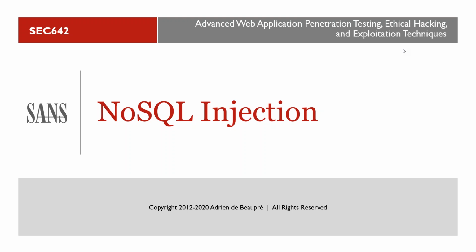So what is a NoSQL database? Simply enough, it is not a relational database. A traditional relational database is made up of tables and fields. So for example, you might install MySQL or Microsoft SQL Server or Oracle or Postgres.